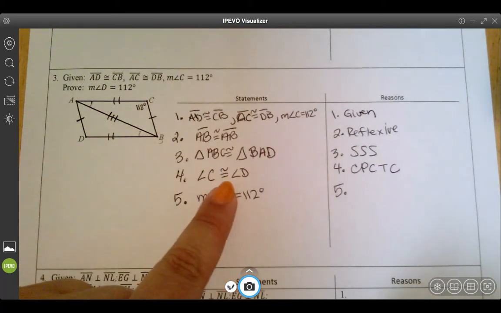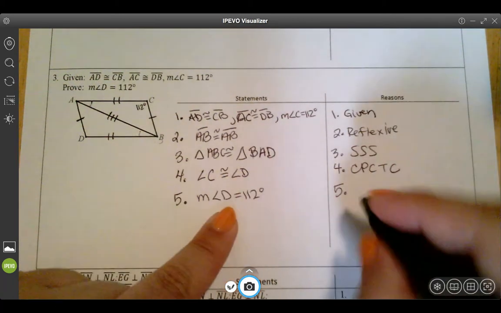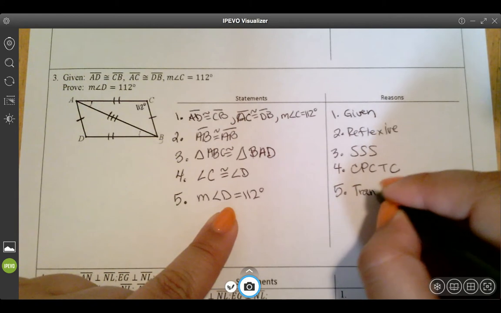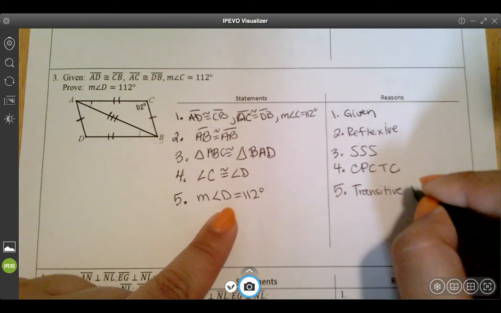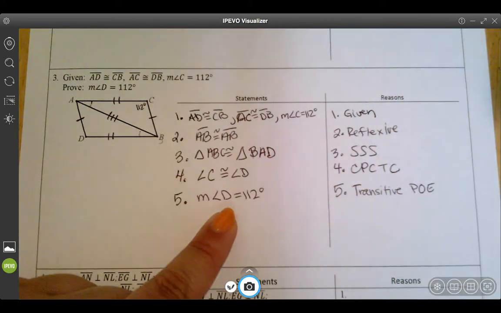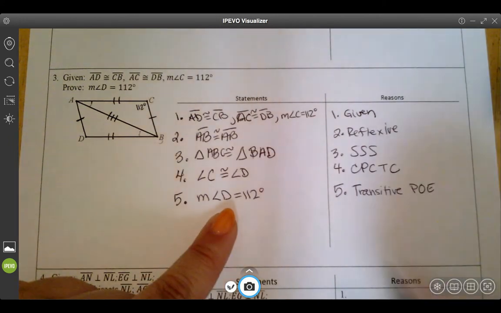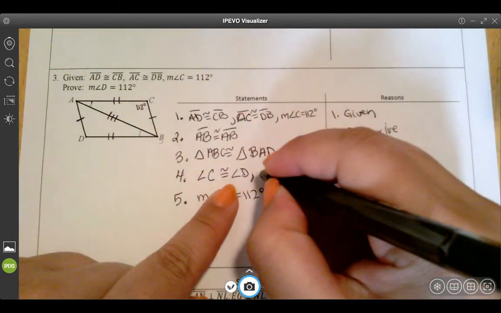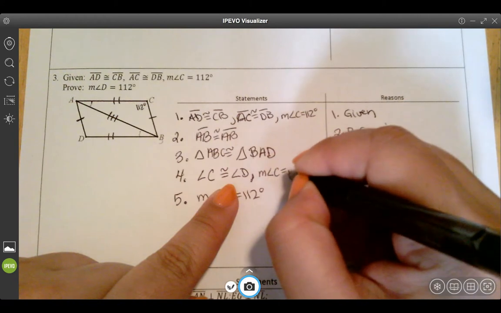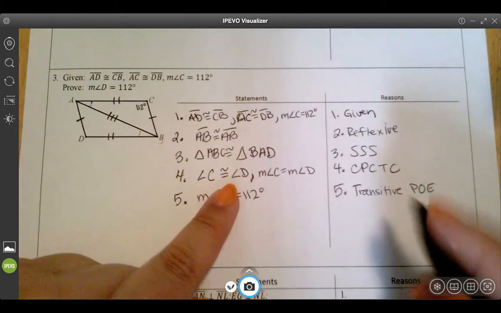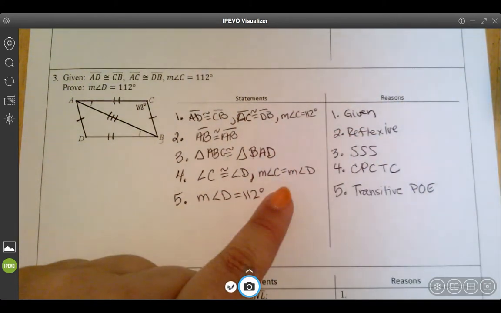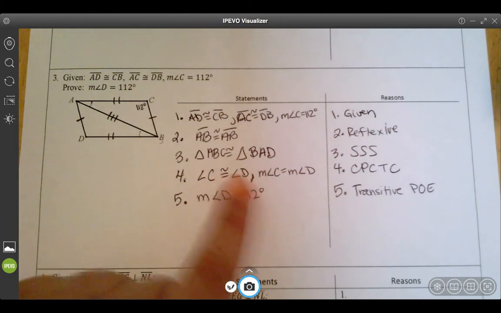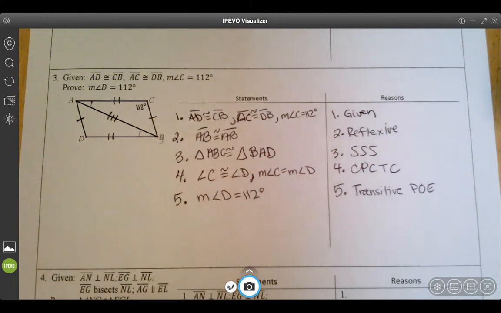Now we have they're congruent, and therefore this is the transitive property of equality. Okay. If you wanted to put this statement as an equality as well to make it clearer why it's transitive, you could put the measurement of angle C equals the measurement of angle D. That's still by CPCTC. So you could do either one of those statements for this proof.